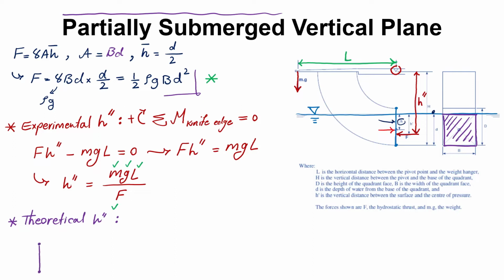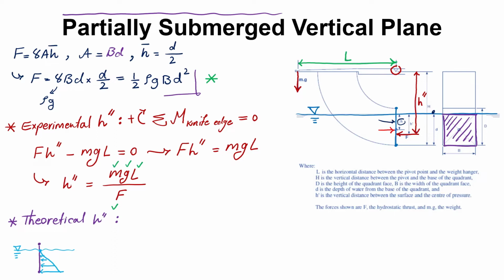I know that hydrostatic forces on this flat surface are going to be triangular. In other words, if the level of water is right over here, the hydrostatic pressure over here is going to be 0, and the hydrostatic pressure over here is going to be something like this. So the hydrostatic distribution on this surface is going to be triangular.